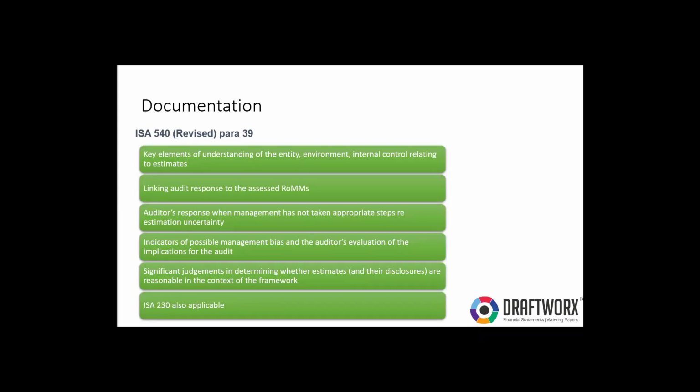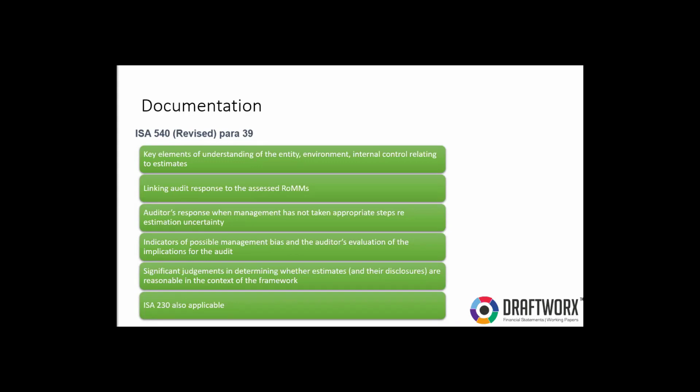So it's important that you document your consideration of whether there are indicators of possible management bias, and if there are any, what is your evaluation of the implications for the audit approach, audit reporting, etc. And then you must also document significant judgments in determining whether the estimates are in fact reasonable in context of the financial reporting framework. Okay, the estimates and the related disclosures.